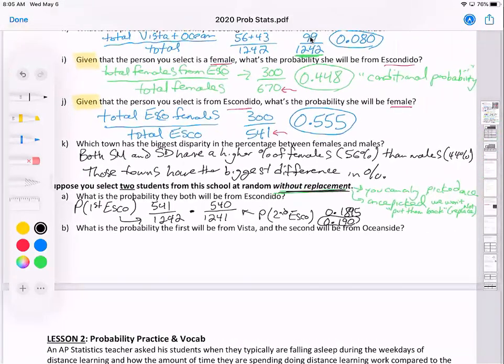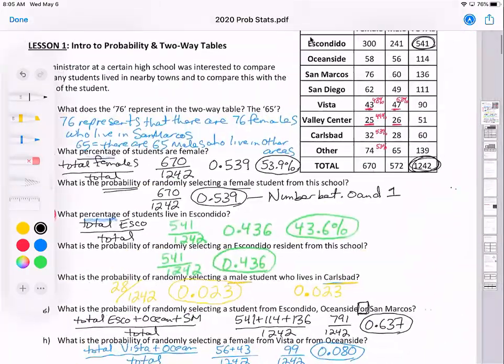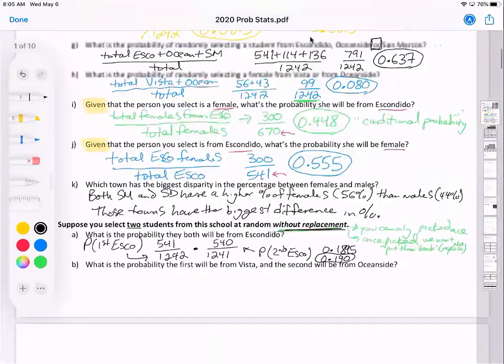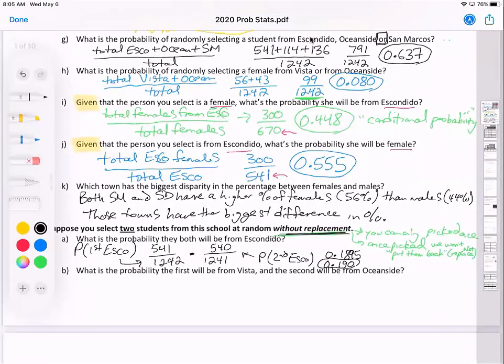Let's look at one more example like that. What's the probability the first will be from Vista, and then the second will be from Oceanside? So the probability the first is from Vista. There are 90 students from Vista. So Vista divided by the total, out of 1242.